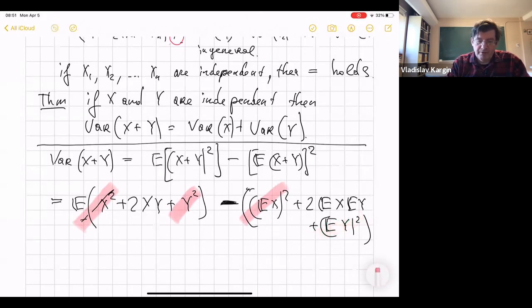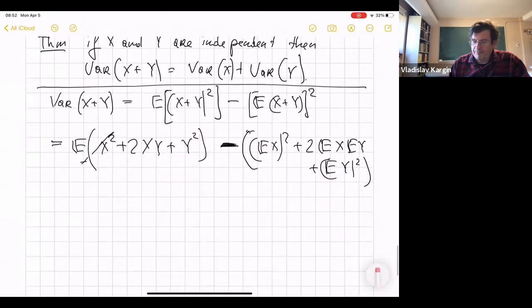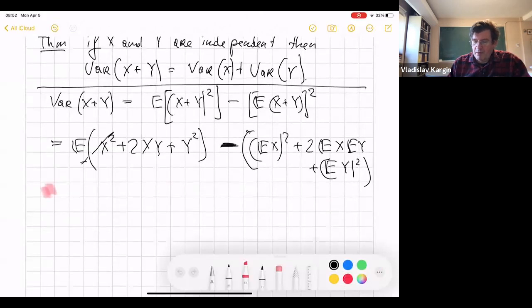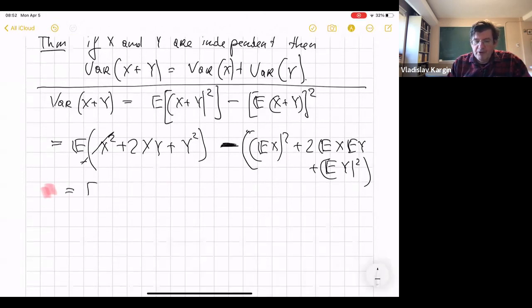We just need to regroup it. So it's equal to E of x squared minus E of x squared. So this is this thing minus this thing.